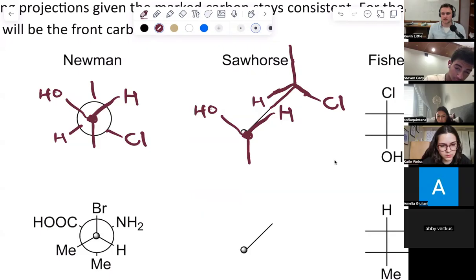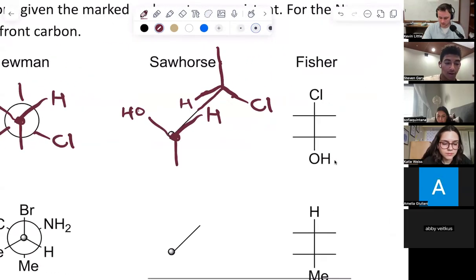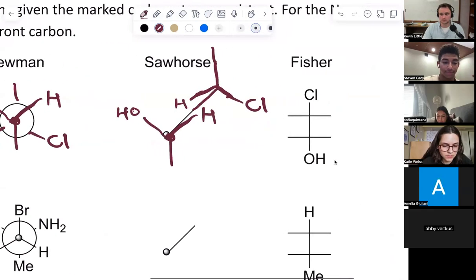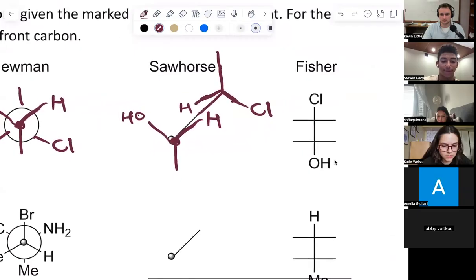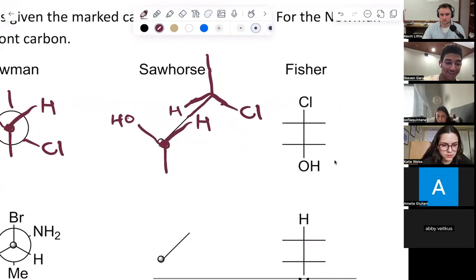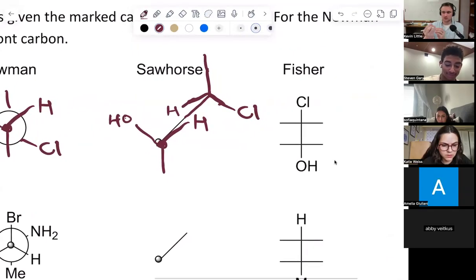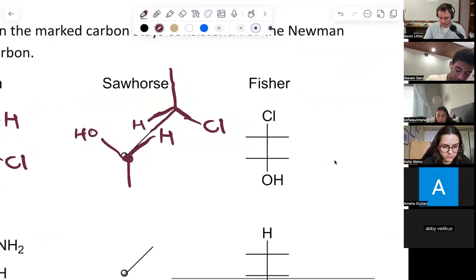Point blank. Done. It's literally just a copying and pasting of the Newman projection onto this line. You're just taking something that you're looking straight at and turning it slightly to the right or the left, however you want to think about it.